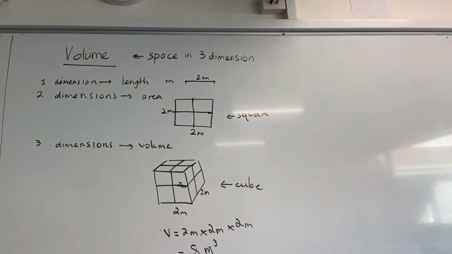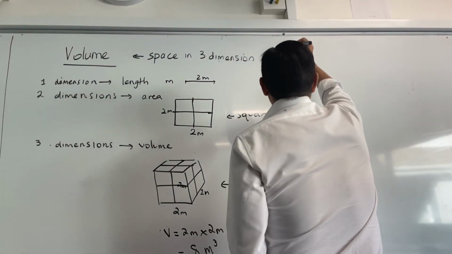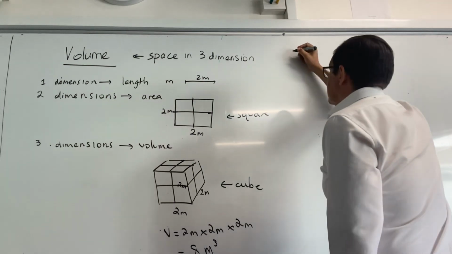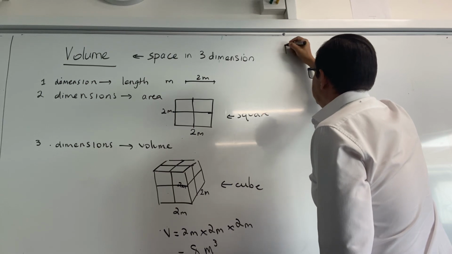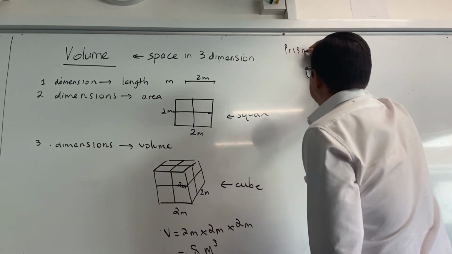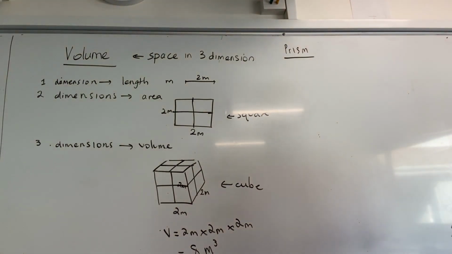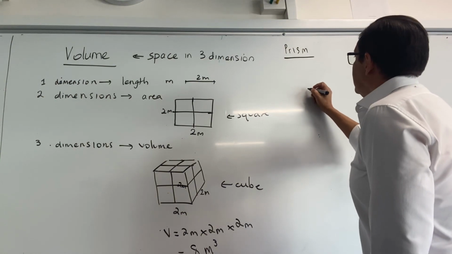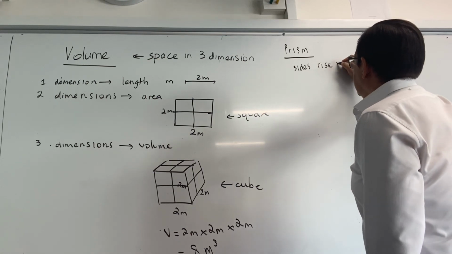Now, we've done area and we've done length. Now we're going to do volumes, right? Now remember, volumes is in 3-dimensional space. So what I want to do here is I want to think about the volume of a prism. Now, a prism is something where the sides rise vertically.